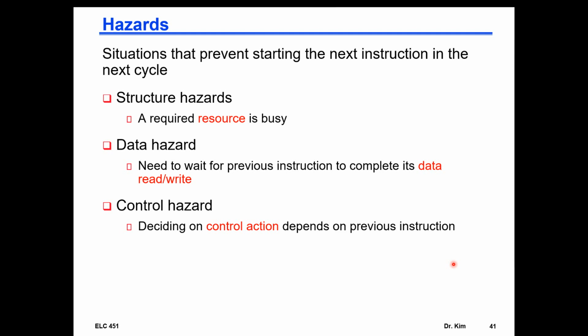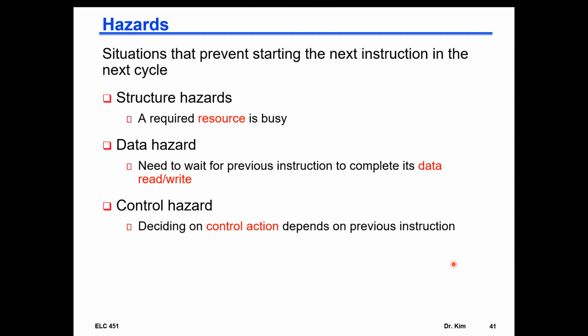But if the instructions are one after the other, for example, let's say that you are adding 2 registers and putting the result in register 10, and now you want to use register 10 in the next instruction as a source register.